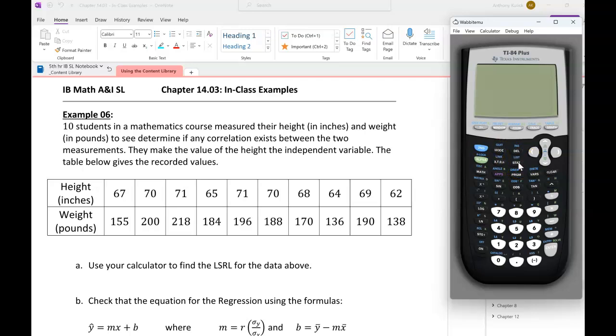Use the calculator to find a least squares regression line for the data above. Yes, already have this in. Good. I think we've used this data set before.